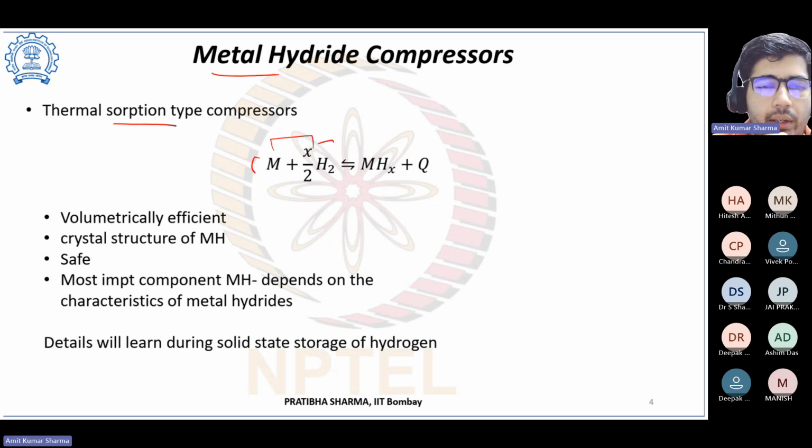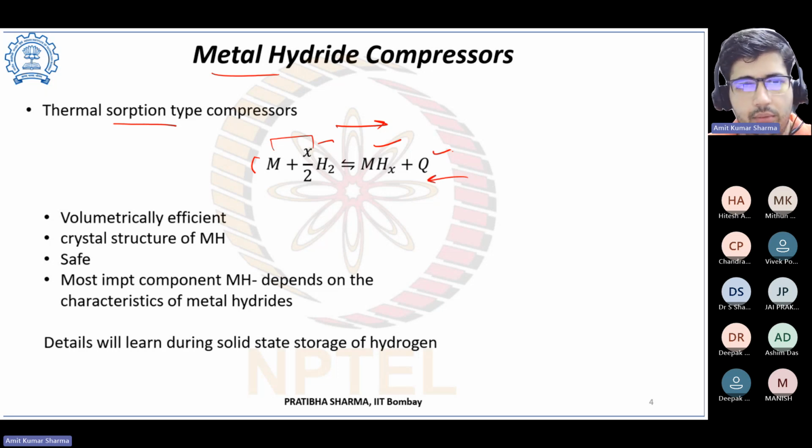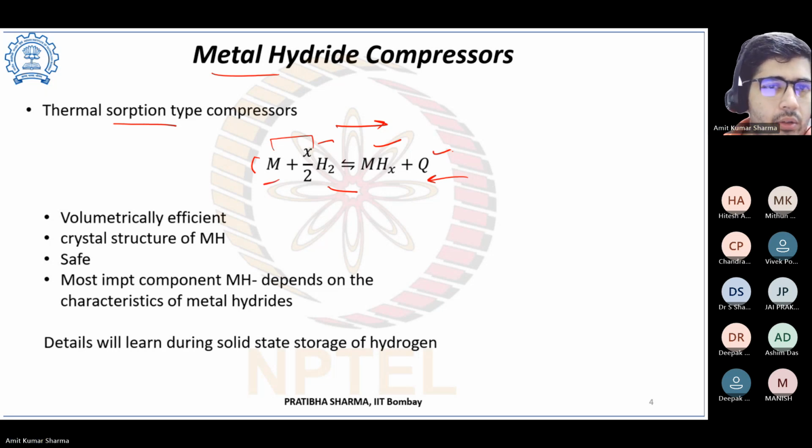They will react and form metal hydride and heat will be released. So this is the forward reaction. In the backward reaction, if you supply heat to the metal hydride, then it will release the hydrogen and again become the metal. This kind of compression is volumetrically efficient.